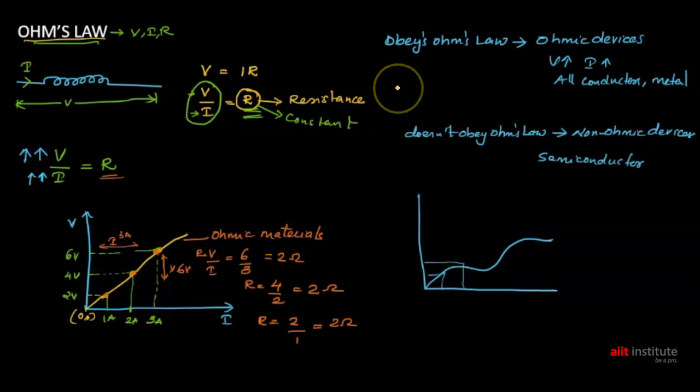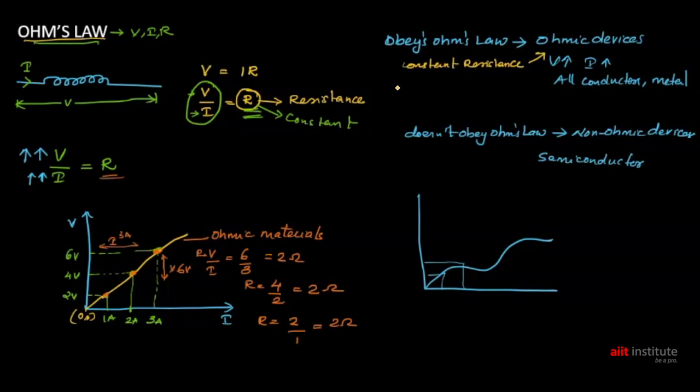So we can say the material or the devices having a constant resistance, which will obey Ohm's law, are known as ohmic devices.